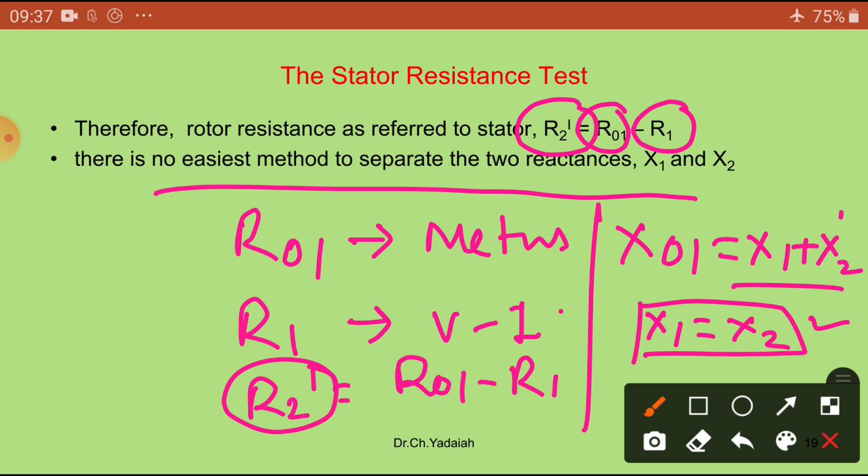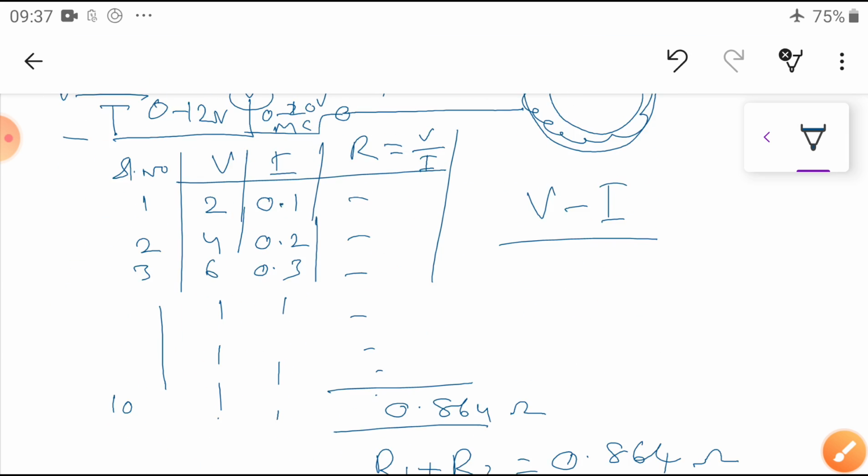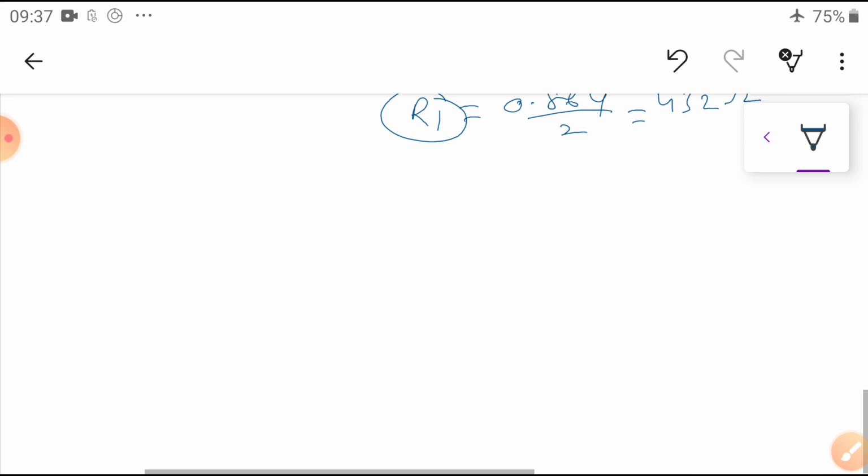In that case, on the rotor side, the rotor resistance should be short circuited initially. How to do that? We will see that also. This is the squirrel cage, simple. So here, the OC test, no? We will see the OC test on the slip ring induction motor.